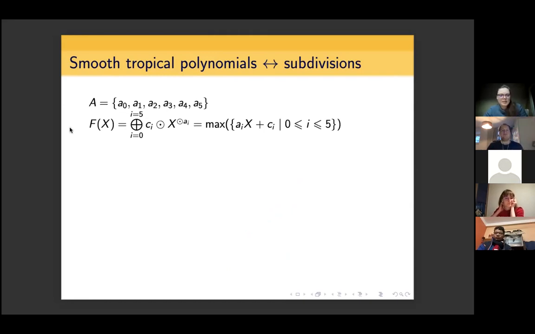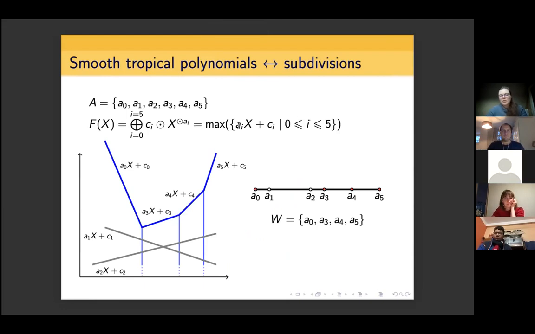Suppose we have some set A with 6 elements, and we consider the tropical polynomial whose graph we have already seen. For your convenience, I even marked which monomials dominate at each of the parts so that you can really see how it works. So actually, from such a polynomial, I can read the following data.